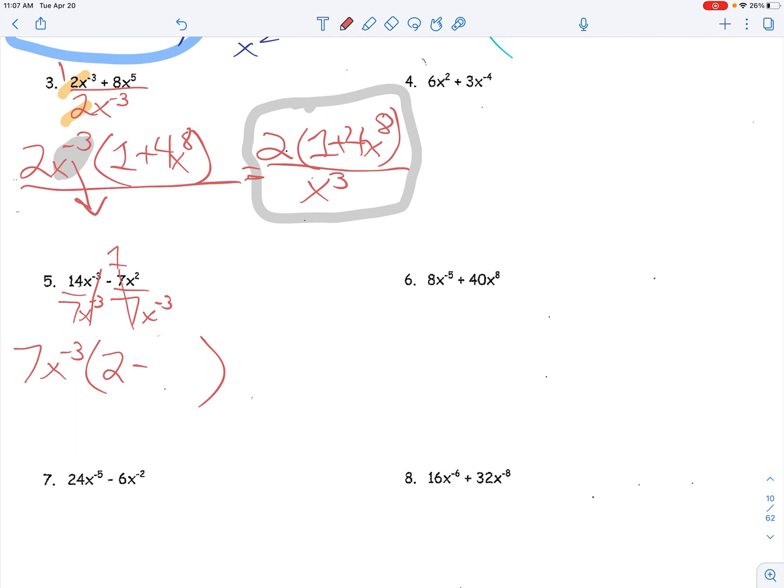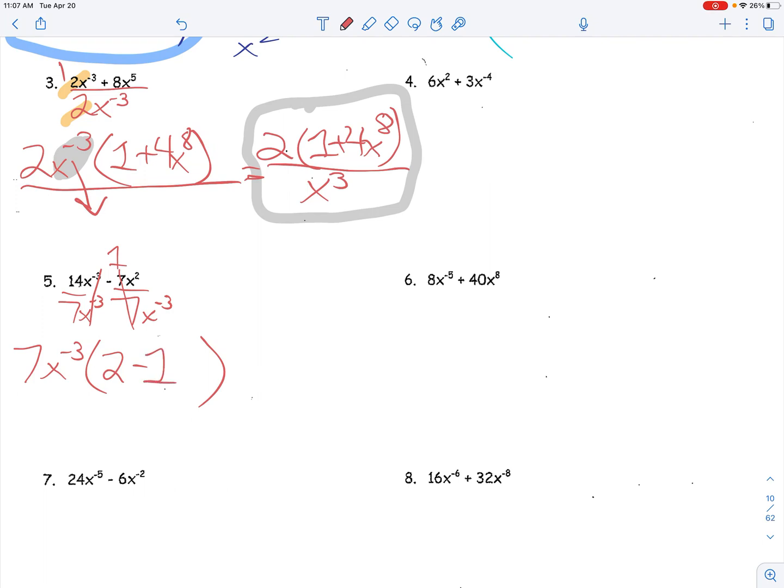Minus 7 divided by 7 is 1. x squared over x to the negative third. I'm using the subtraction of the exponents here. Top exponent minus the bottom exponent. That's the rule. Top minus the bottom.